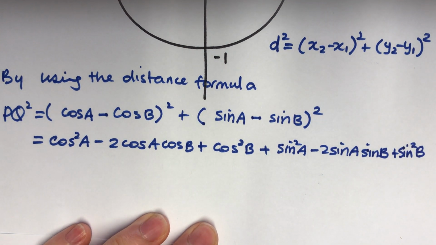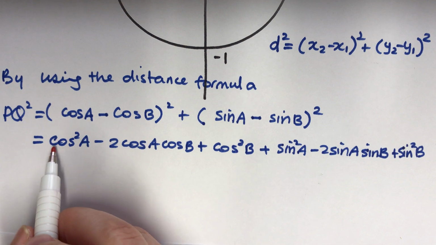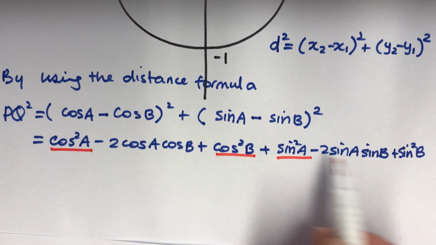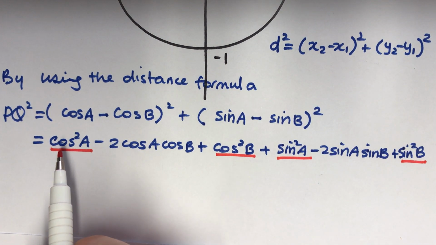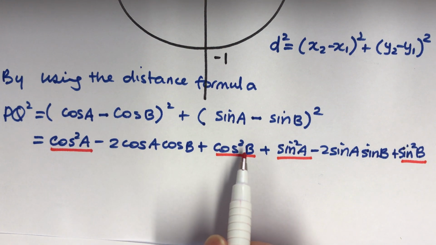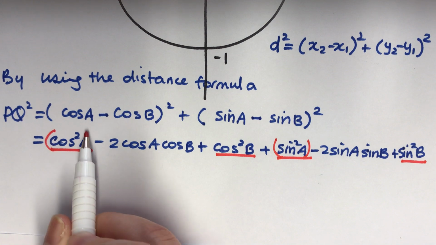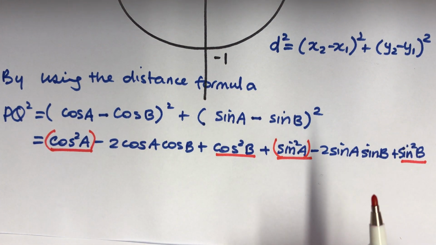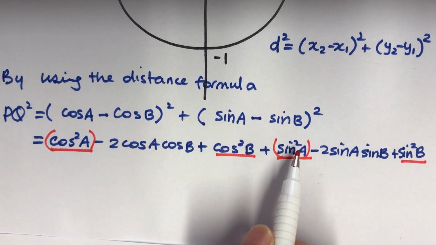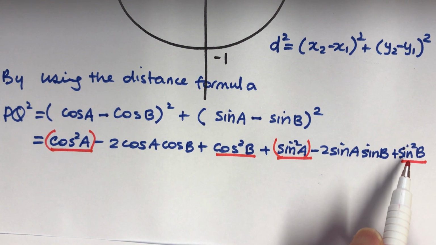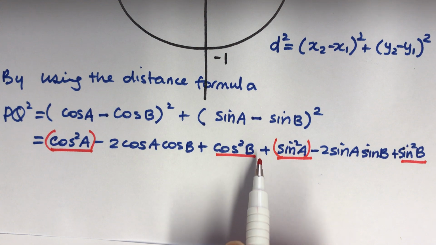Now we've got some interesting things happening here. If I do cos² A plus sin² A, this will become 1. Remember the identity: sin² θ plus cos² θ equals 1. The same thing happens here, sin² B plus cos² B is 1.